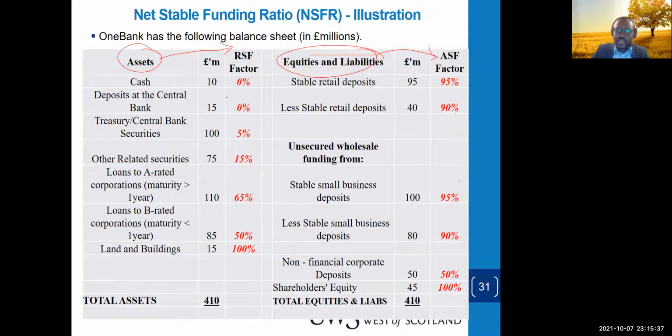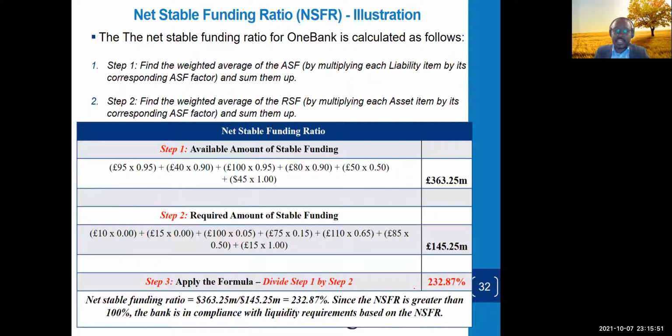Find the weight of the required funding and sum them, then find the weight of the available stable funding and sum them. Then you divide the available by the required. So find the weight of the ASF, like I said, by multiplying each liability by each factor and sum them. And then do the same for the RSF.